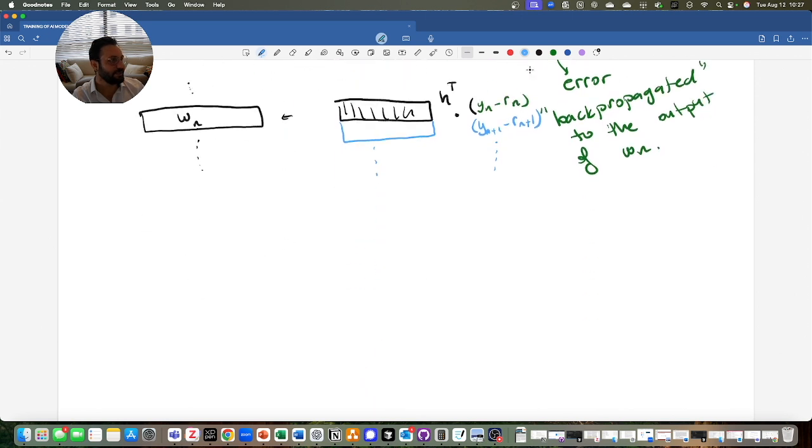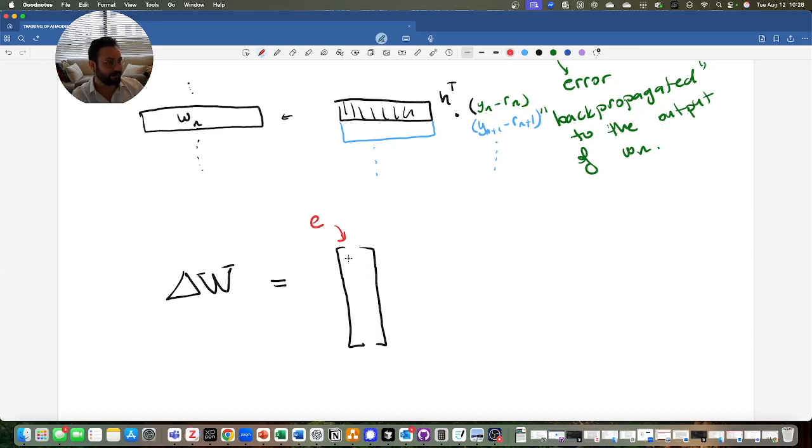So eventually, when we're talking about delta W, which is a matrix, it is going to be the error that backpropagated. So that's going to be my error or grad.